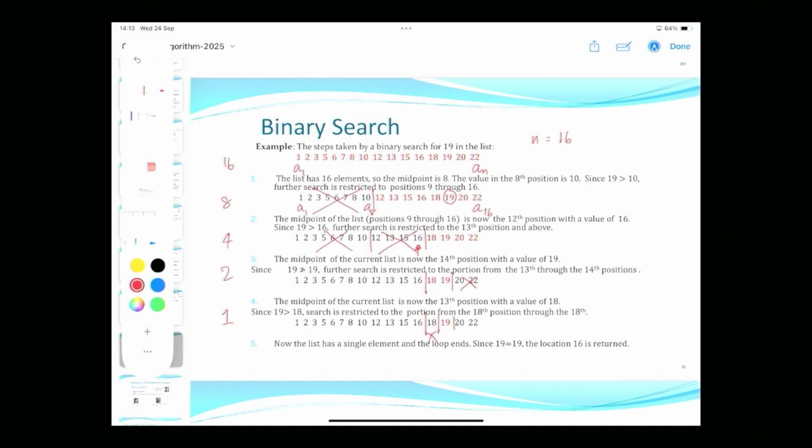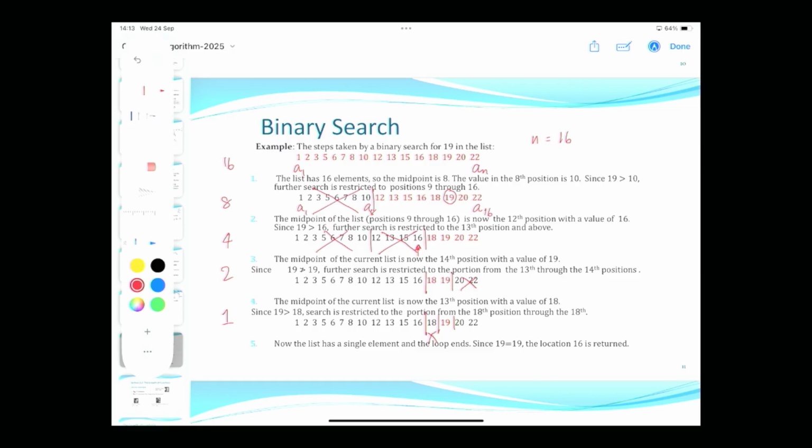Okay, maybe it's not very clear for now. But think about the number of loops that we have to go through here. With the linear search, the number of loops would be pretty much equal to n or n minus 1, where we have n elements in the list and we have to check one by one, right? A1, A2, and then A3, and so on, up to AN, if it is equal to x.